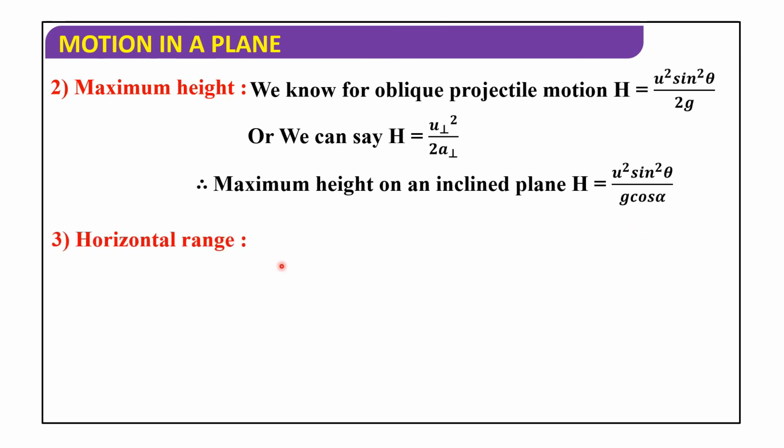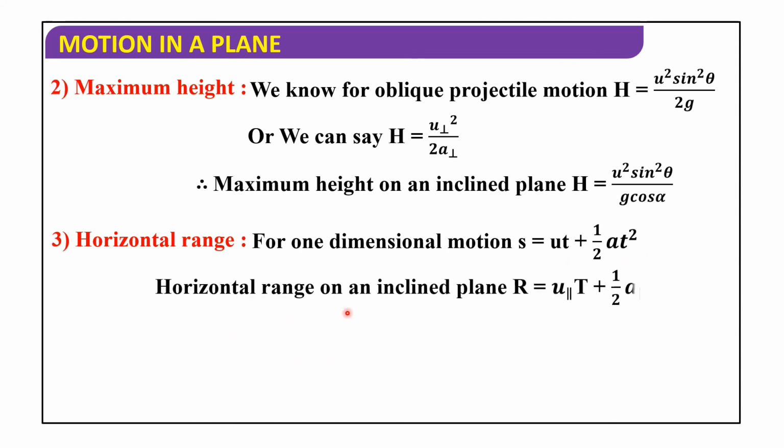Next, horizontal range. For one dimensional motion s is equal to ut plus half a t square. Horizontal range on an inclined plane R is equal to ut plus half a t square. R is equal to, along the parallel component, u cos theta into t minus half g sin alpha t square.